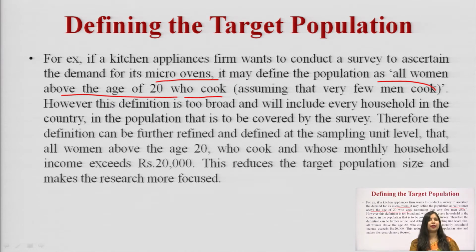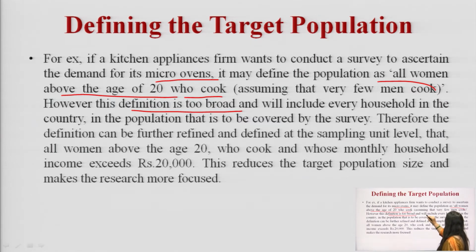It may be your mother, your grandmother, a woman at the age of 60, 80, 85, 95, who also come under this criteria. So, what do we have to do for this? However, this definition is too broad. If you take the age group of women who are more than 20 years of age and they have no knowledge of cooking.